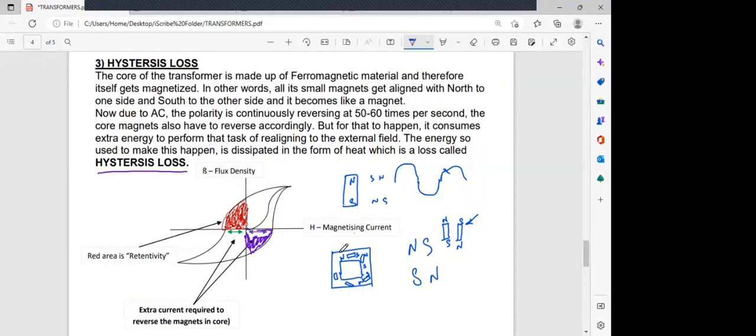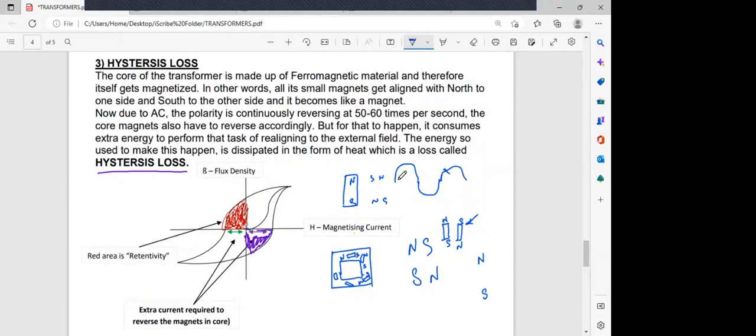For these tiny magnets to be arranged in such a way that all the north are pointing one way and all the south are pointing the other way, it is going to follow this particular curve. Here on your x-axis is the magnetizing current caused by your AC cycle.